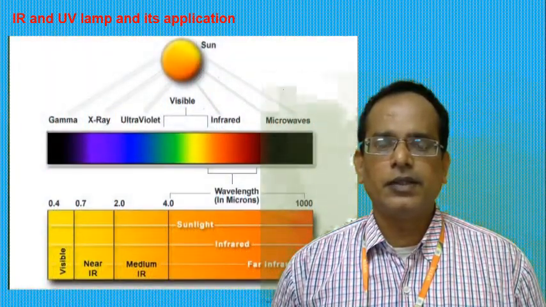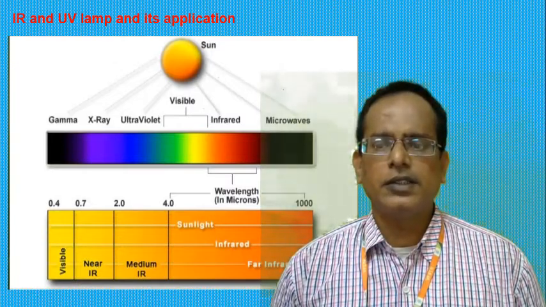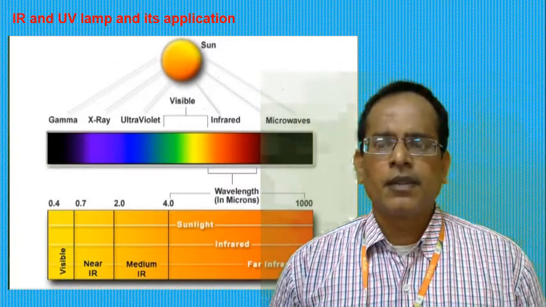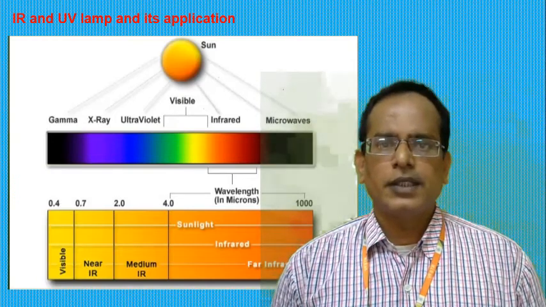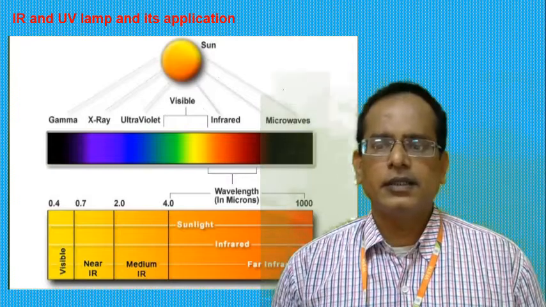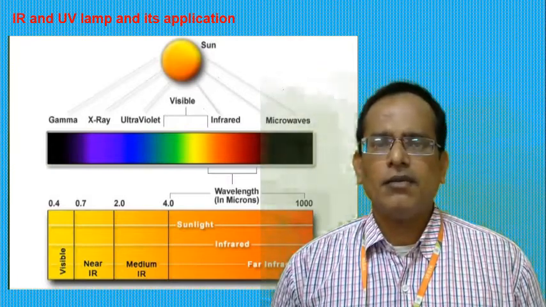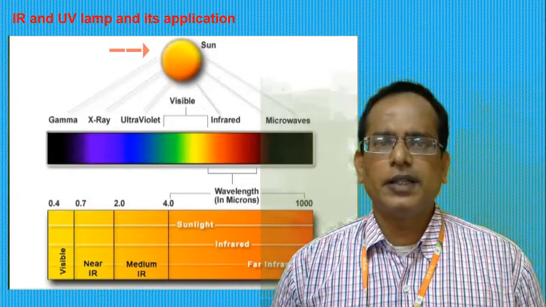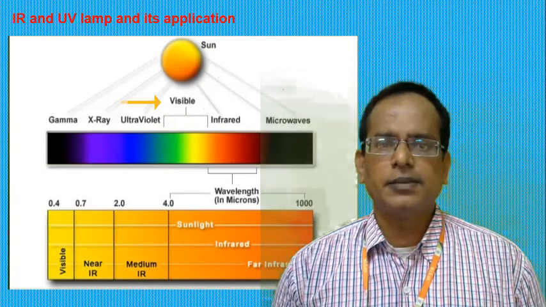Before that we will discuss the origin of these IR and UV lights. In the sun, it provides visible light to invisible light. So the sunlight contains visible light to invisible light.